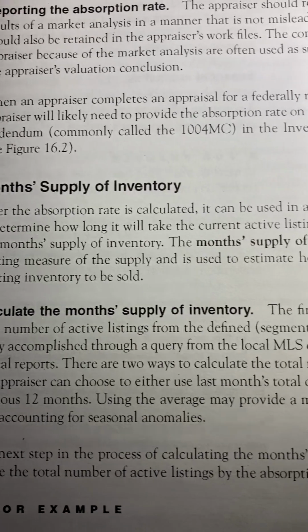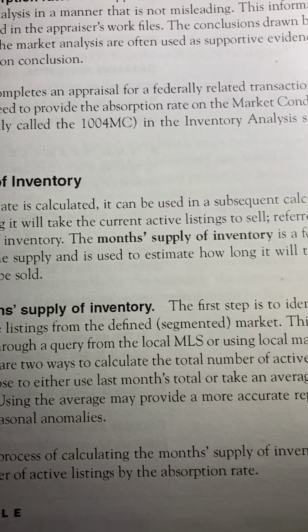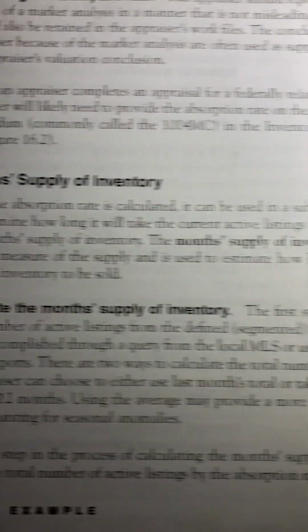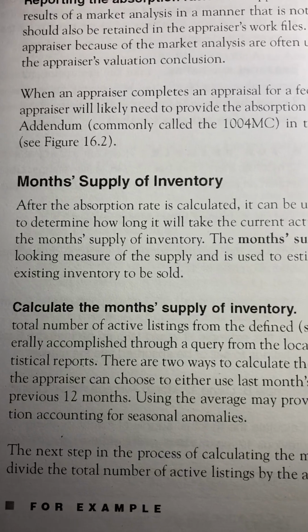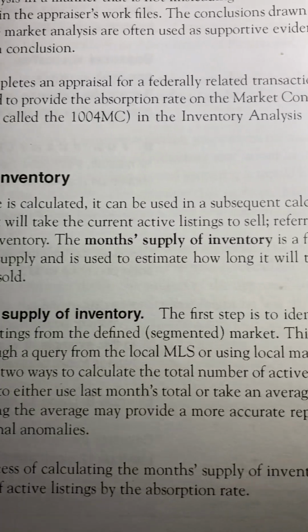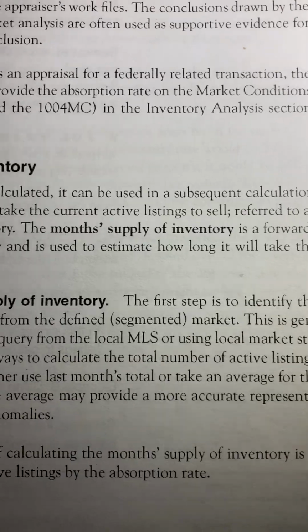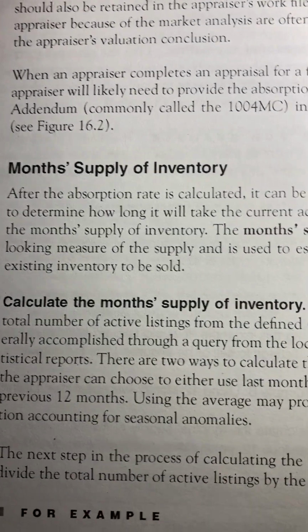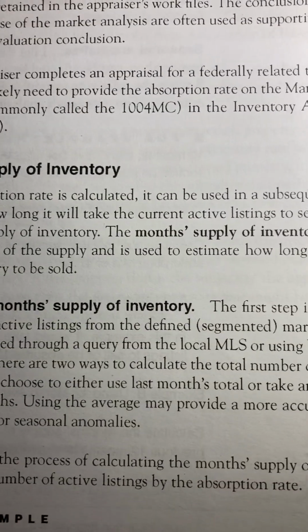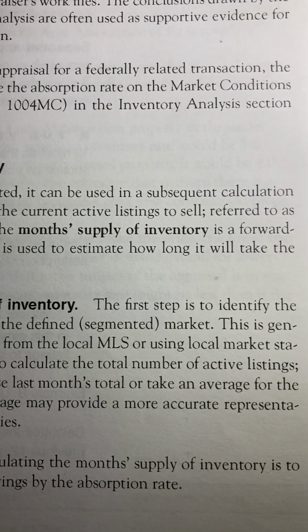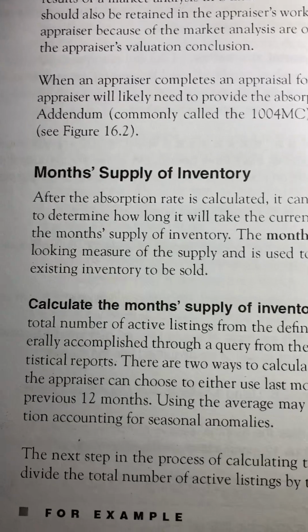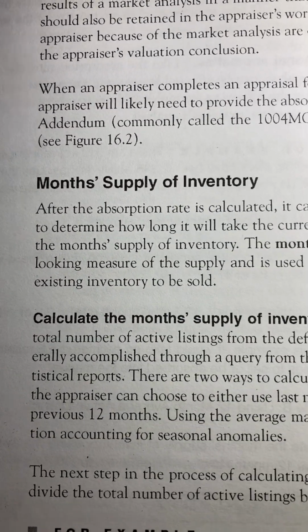When an appraiser completes an appraisal for a federally related transaction, the appraiser will likely need to provide the absorption rate on the market conditions addendum, commonly called the 1004MC, in the inventory analysis section, see figure 16.2.